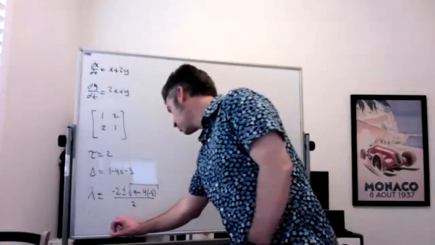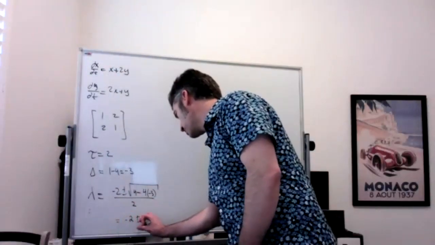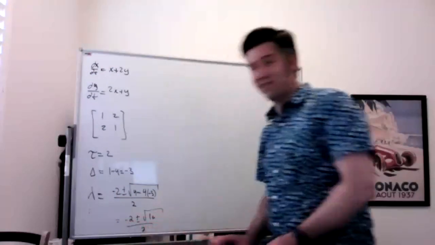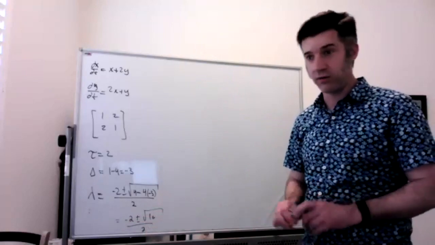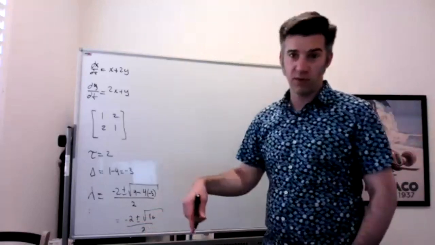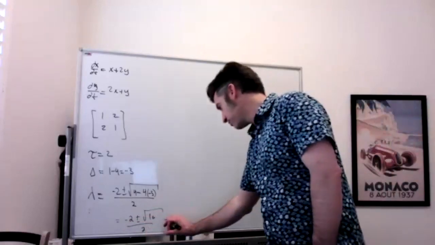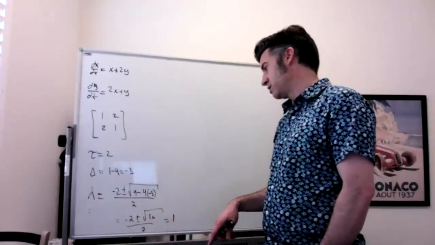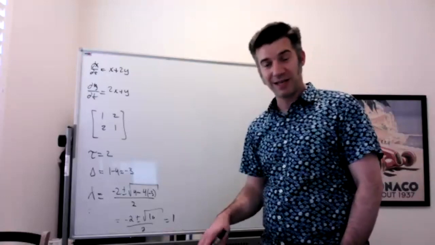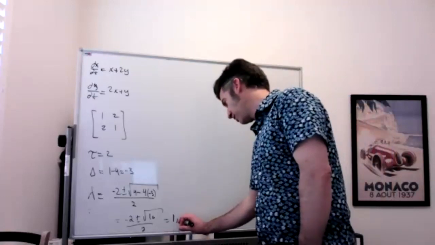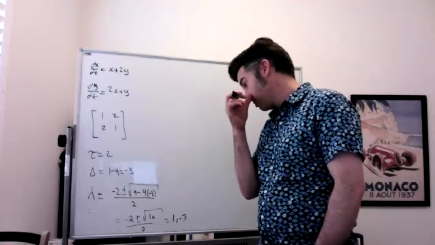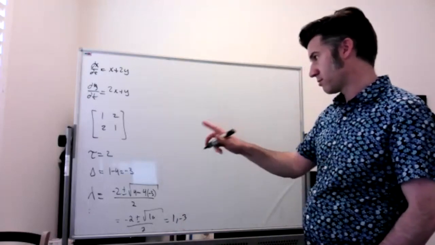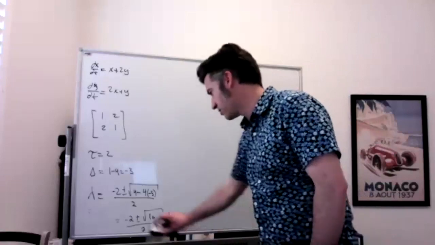So this is going to be negative 2 plus or minus the square root of 4 plus 12, which is 16, all over 2. That's negative 2 plus or minus 4 all over 2. So negative 2 plus 4 is 2, over 2 is 1. Negative 2 minus 4 is negative 6, divided by 2 is negative 3. James, why is there a negative in front? Yeah, good call.